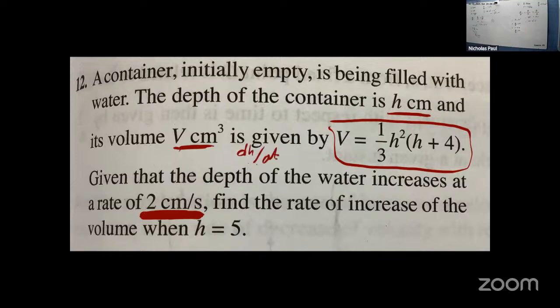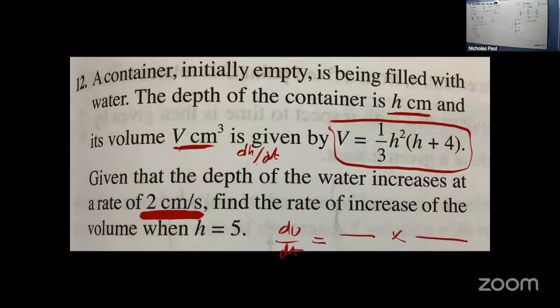What are we to find? The rate of what? Volume. So how do I write that? dV over dt.